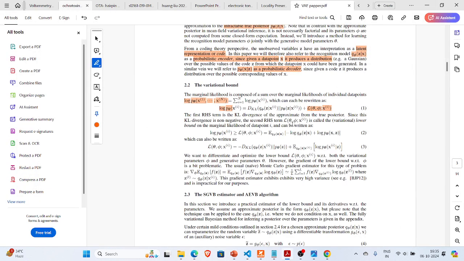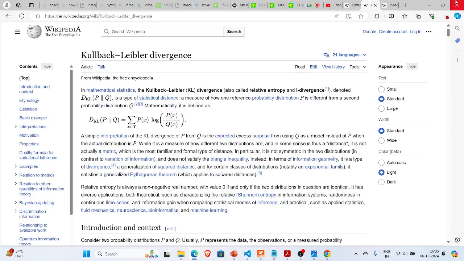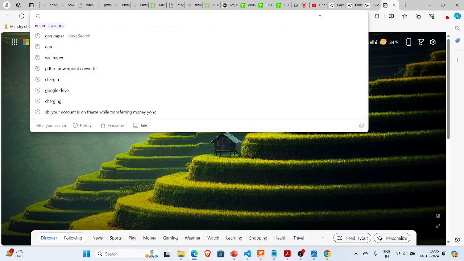Now what we have here is that this can be written like this. And there is a review paper as well, which I can show you, where the derivation is also there.